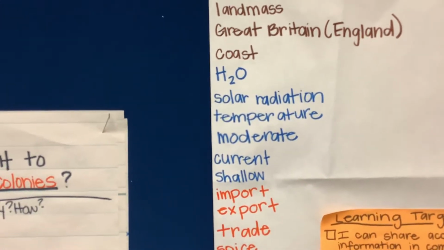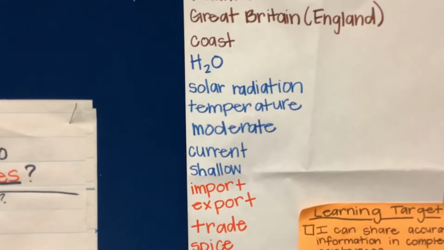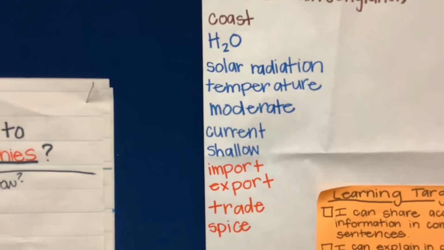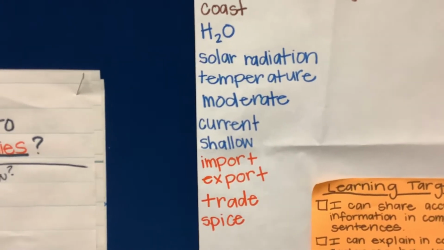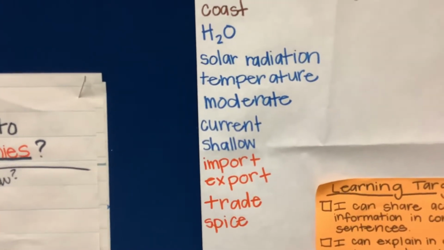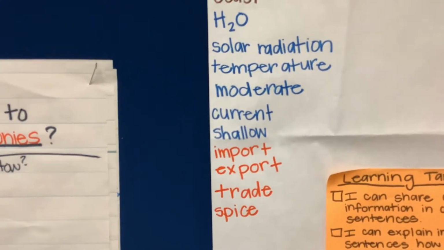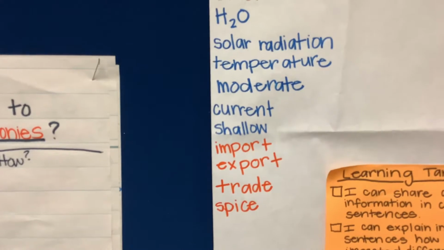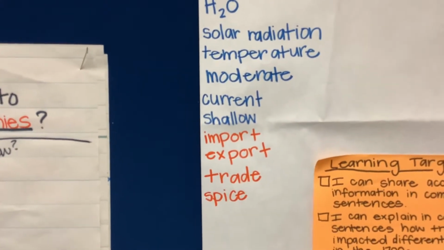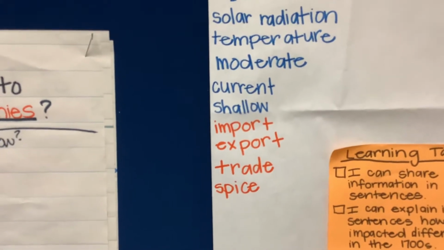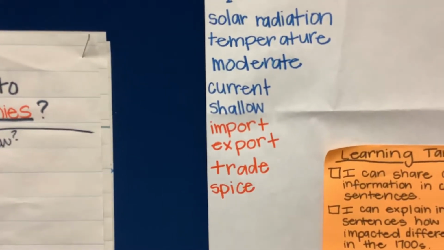Solar radiation. Temperature. Moderate. Current. Shallow. Import. Export. Trade. Spice.